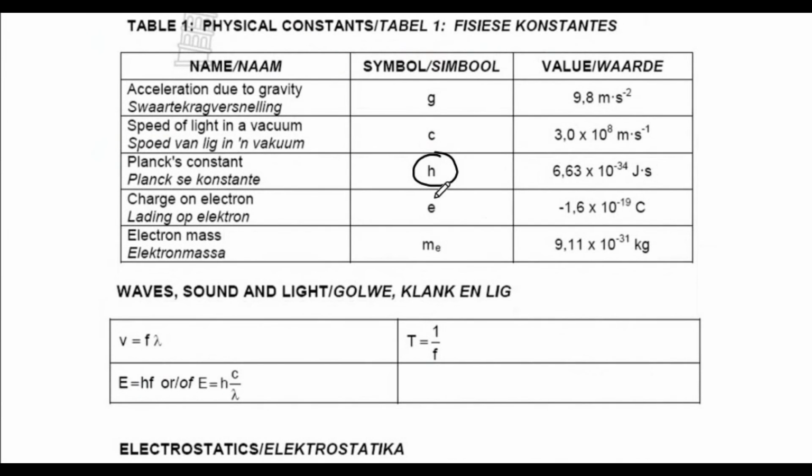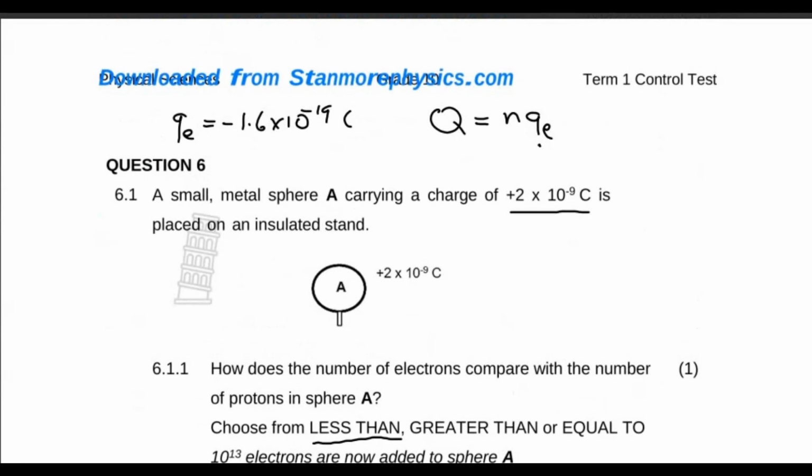There it is. It is minus 1.6 multiplied by 10 to the power of minus 19 coulombs. If you are dealing with protons, that number is going to be positive. But for now, it's negative because we're talking about electrons and they carry a negative charge. So we have N, we also have e.